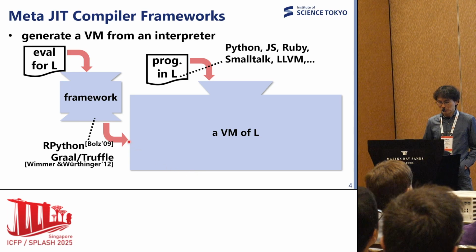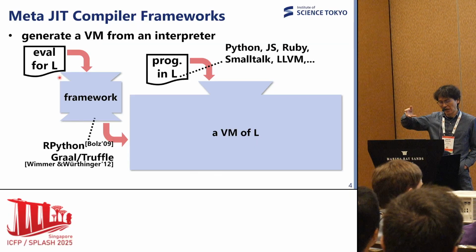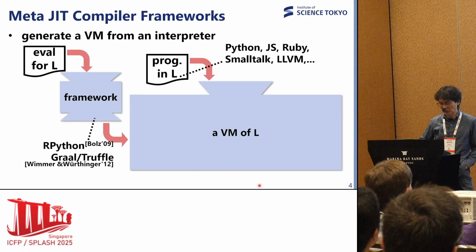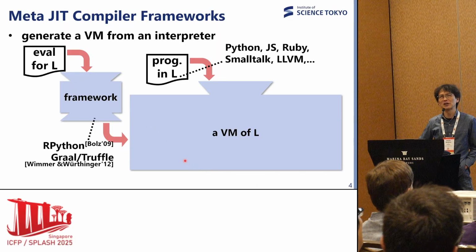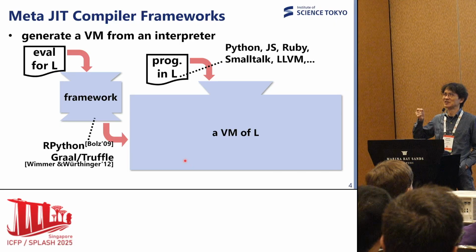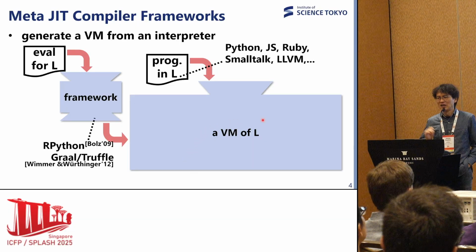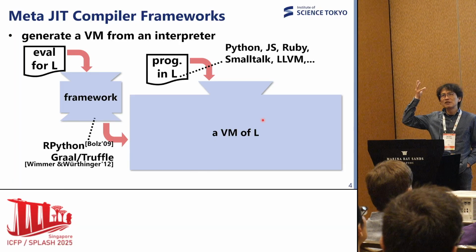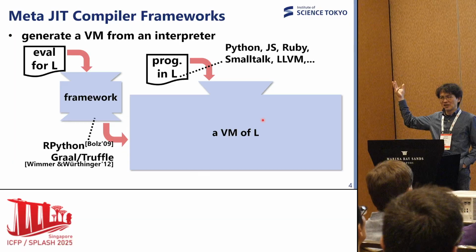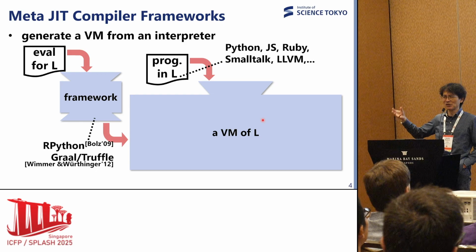For example, if we write an interpreter of JavaScript and put that interpreter description into the RPython framework, then we will get a JavaScript virtual machine. This is very nice because if we only write interpreters of different languages, we will get virtual machines of different languages.